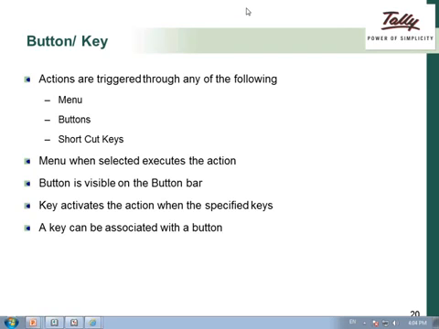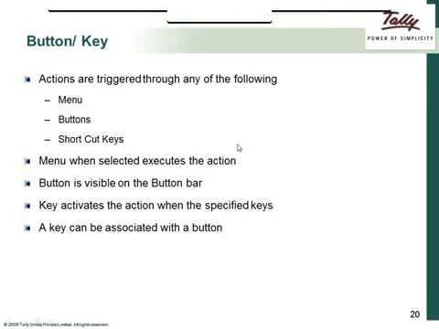Then we have buttons and shortcut keys. Menu, when you select, the action is executed. Button bar, we have seen the top bar, the right bar and the bottom bar. And keys are the shortcut keys that are hidden ones. Something like Control-Alt-C, Control-Alt-V, Shift-Enter.